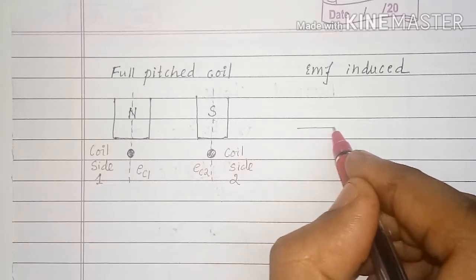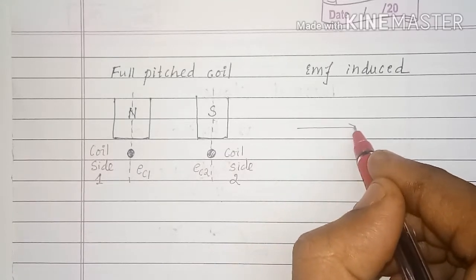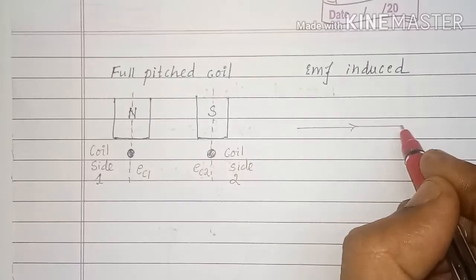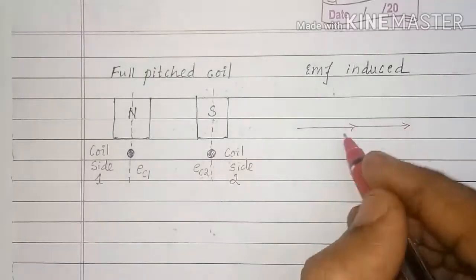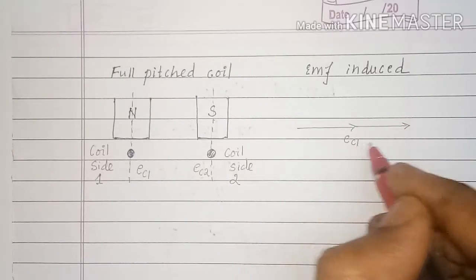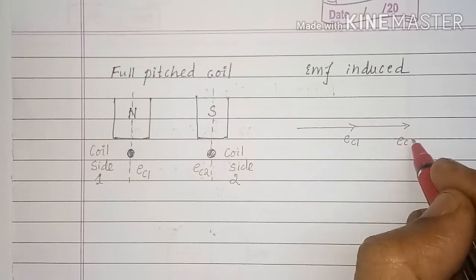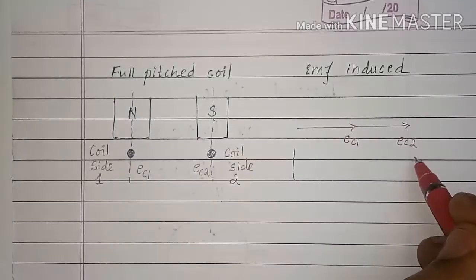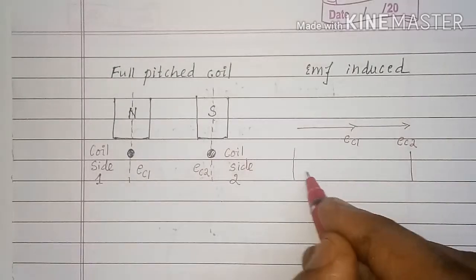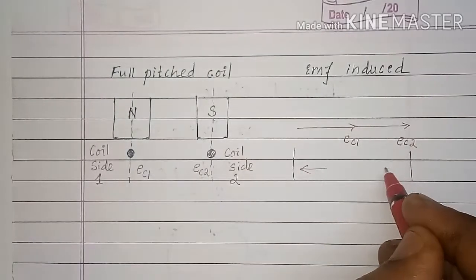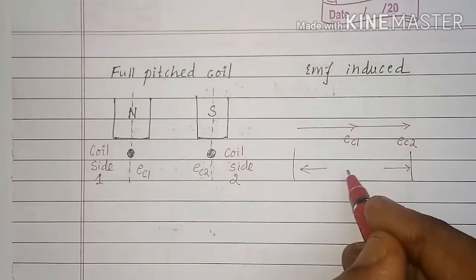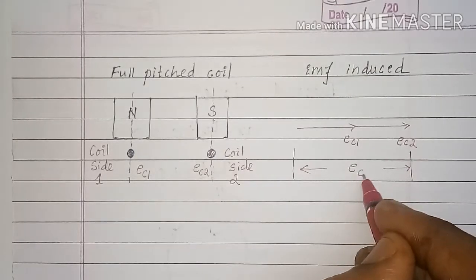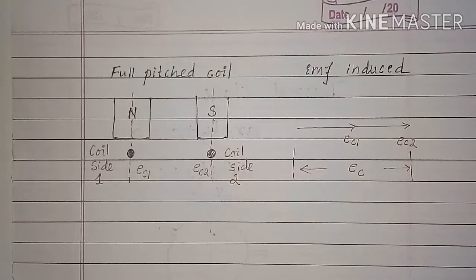These EMFs may be now shown as two phasors in phase. The total voltage induced in the coil is the algebraic sum of the EMFs induced in each coil side and is equal to the phasor sum.